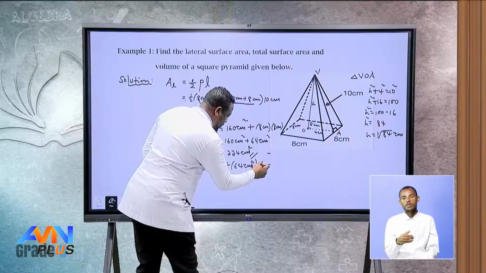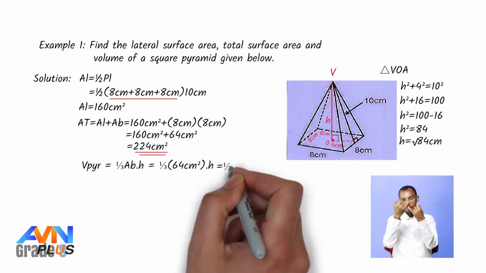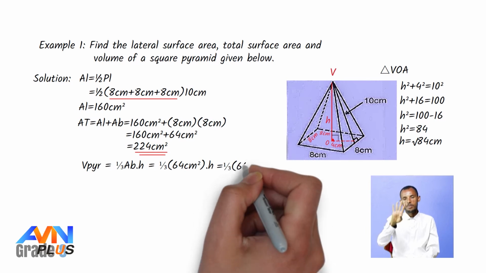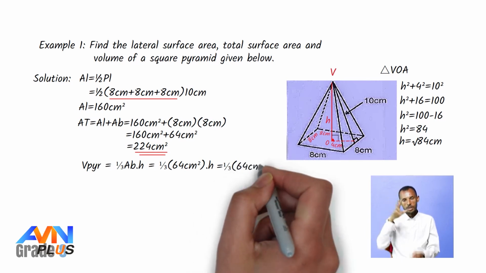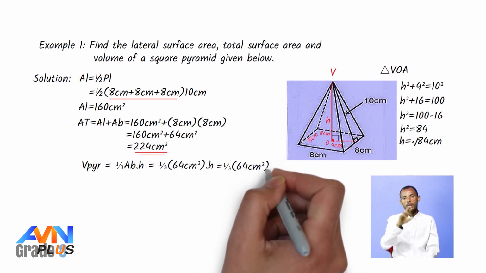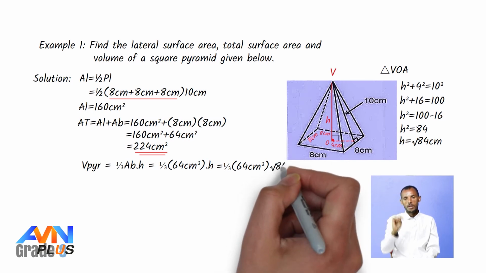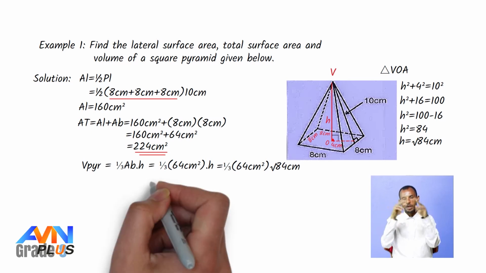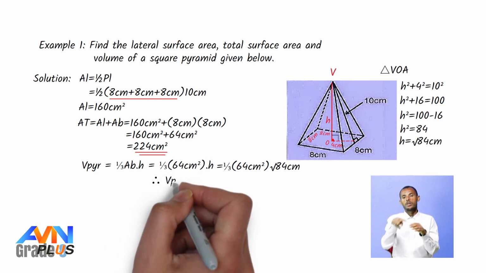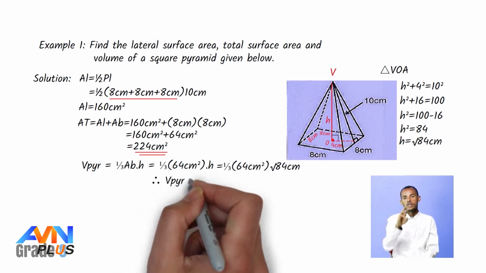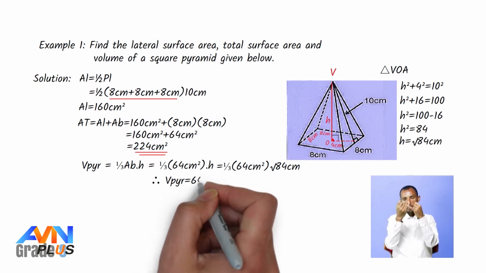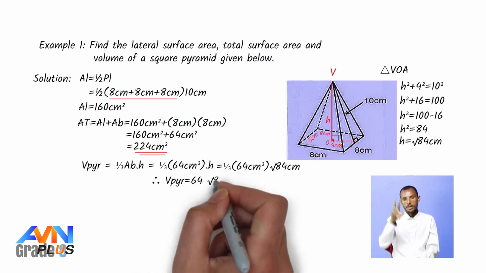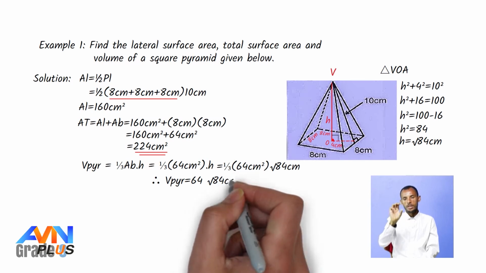This becomes 1/3 times 64 centimeter square times radical 84 centimeter. So the volume of this pyramid becomes 64/3 times radical 84 centimeter cube.